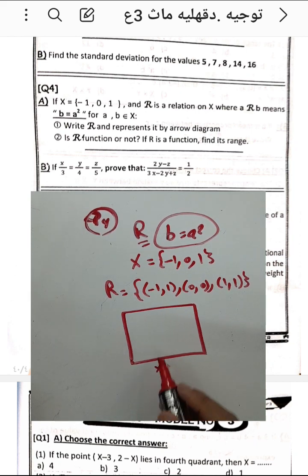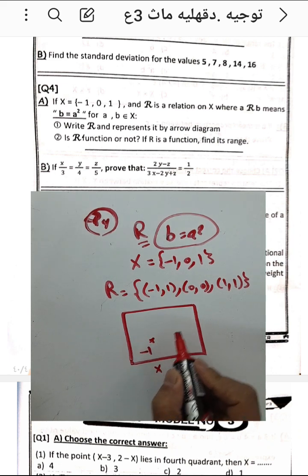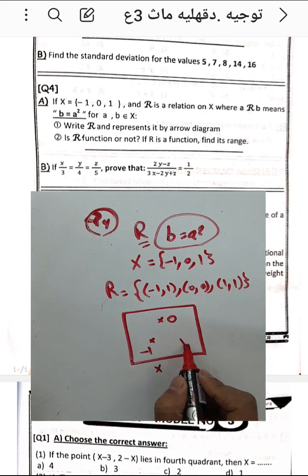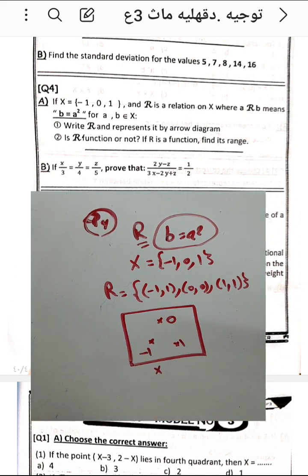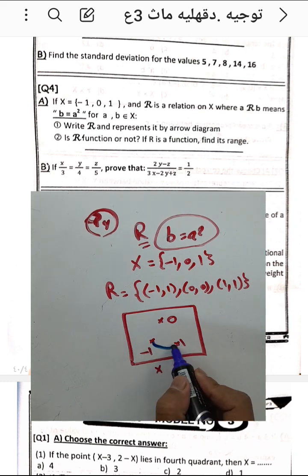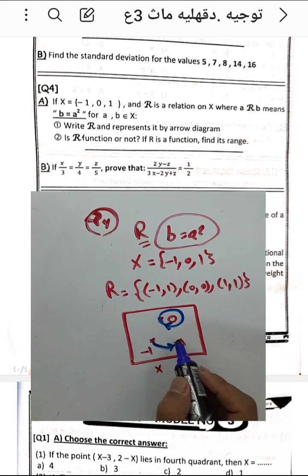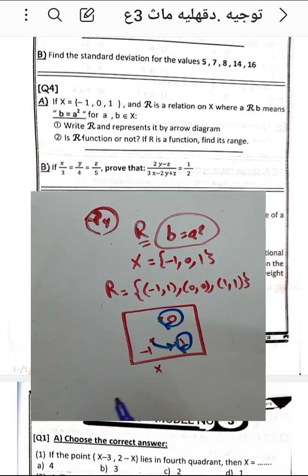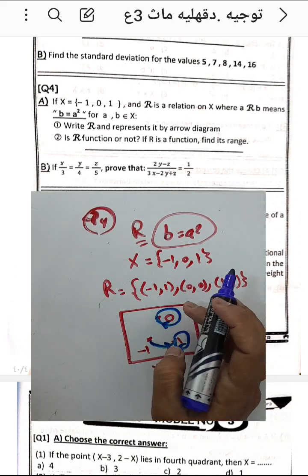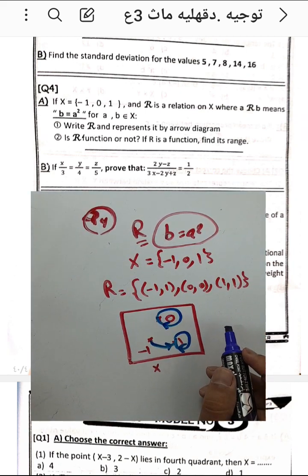The first, we have negative 1, 0 and 1, and then drawing from -1 to 1, 0 to itself, 1 to 1. Okay, it's image 1 and the 0 and 1.